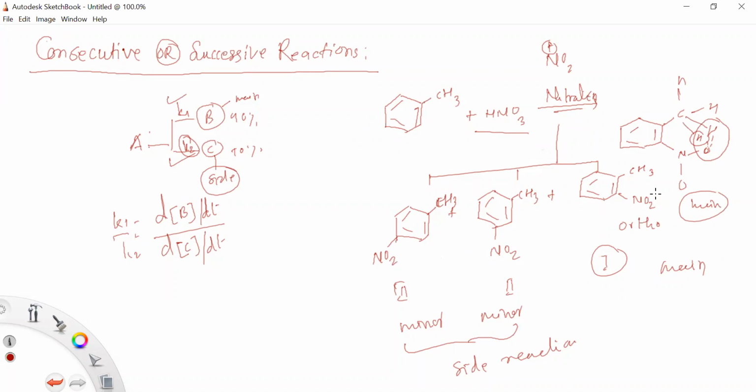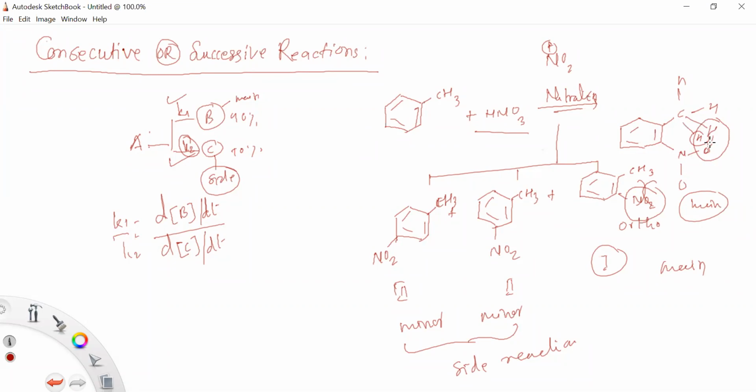Why? Because if a bulkier group is present here, steric hindrance is there, and therefore it destabilizes the benzene ring and the substitution goes to the para position, which is more stable in cases where the substituent groups are bulkier. But here that is not the case. This is a less bulky group, and therefore hydrogen bonding forms, giving a six-member ring.